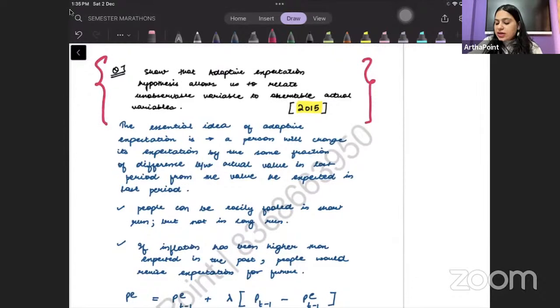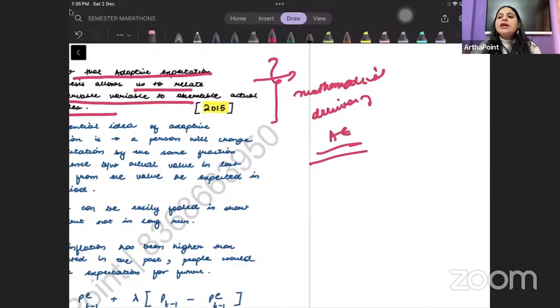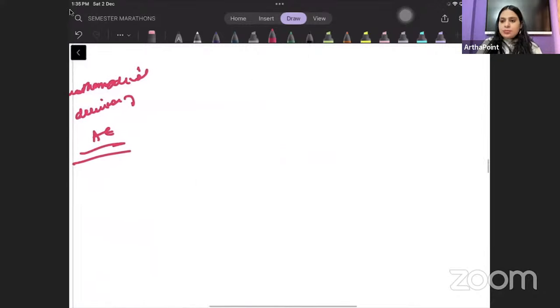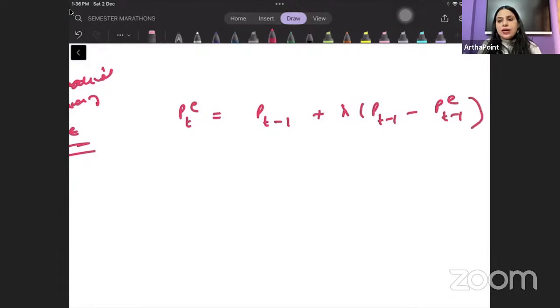Let's repeat this out. It says, show adaptive expectation allows us to relate unobservable variable with observable variable. This is nothing but mathematical derivation of adaptive expectation. पूरा mathematical derivation बताना है हमने. So if you remember, beta, this is my adaptive expectation. है ना?